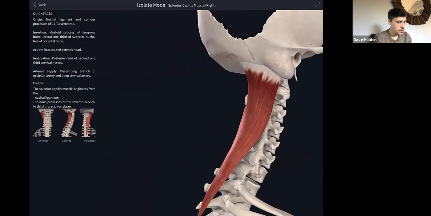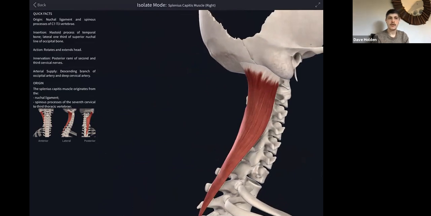So looking at this muscle, we would see that if both sides contract together, because the muscle is posterior, it's going to cause extension. If one side contracts, it will cause lateral flexion.